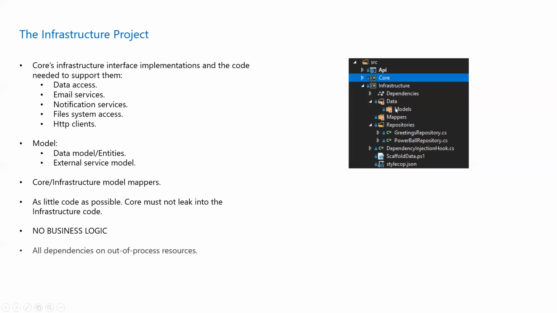So you will definitely need the mappers, and you can use AutoMapper in the infrastructure project. There is no business logic here. It contains all the repositories, and it also contains the external services and all the dependencies on out-of-proc resources.